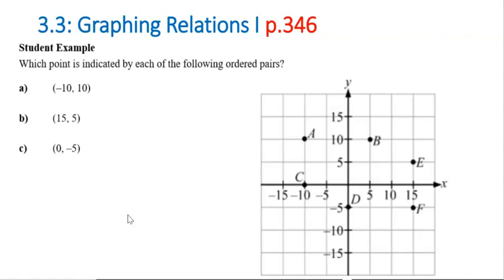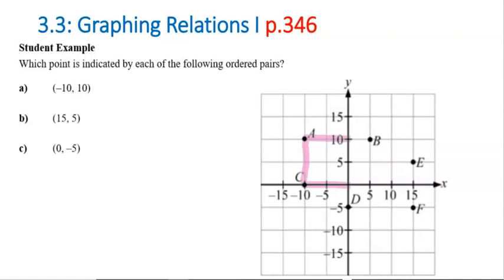You can also have questions like this student example, which point is indicated by each of the following ordered pairs. So we're looking for negative 10 for x and positive 10 for y. So we're going over to the negative 10, and then we're going up to the positive 10 for y.